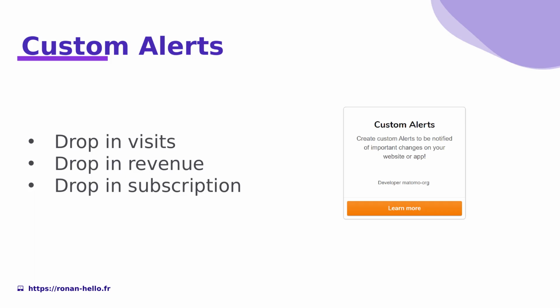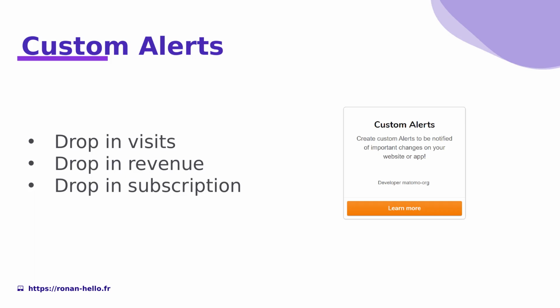And then to go further, you can also create custom alerts. You can create custom alerts for almost every kind of platform, not only a SaaS platform. I create custom alerts all the time about drops in visits, drops in revenue, and if you are a SaaS platform, drops in subscriptions.